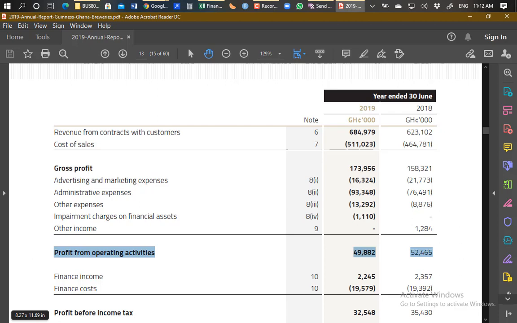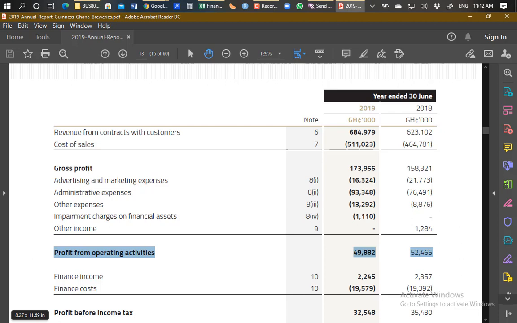They also do that. They do cross investment. Guinness Ghana can buy some securities in other companies and so on and so forth. When they do so, they get finance income in the form of interest. Guinness Ghana can buy Government of Ghana T-bills, Treasury bills, and that yields interest. The interest collectively is called finance income.